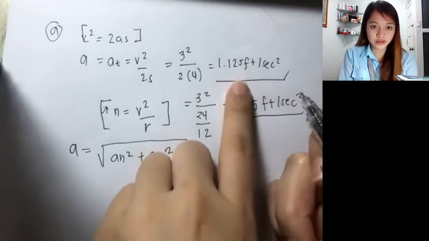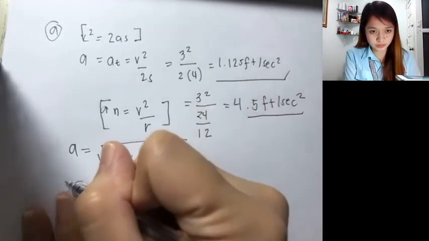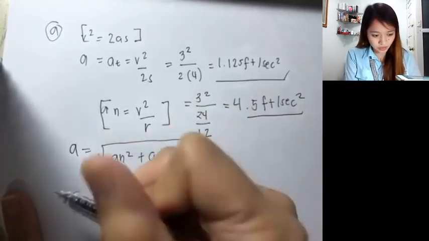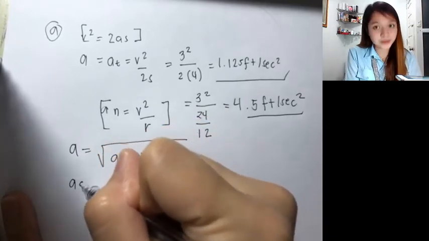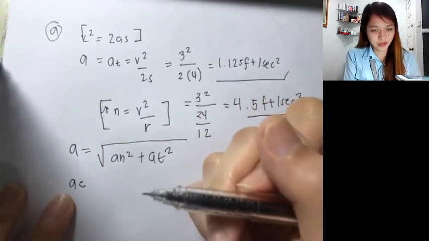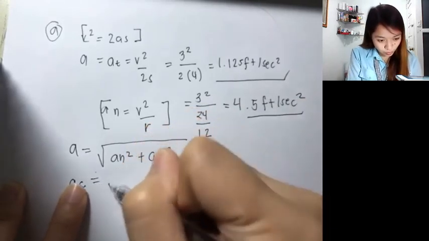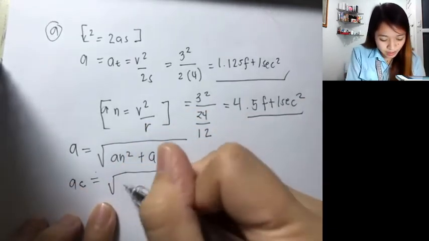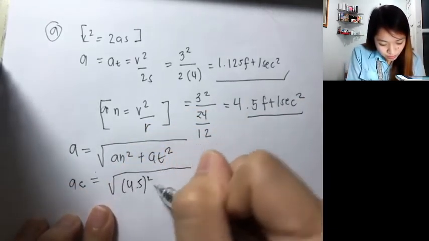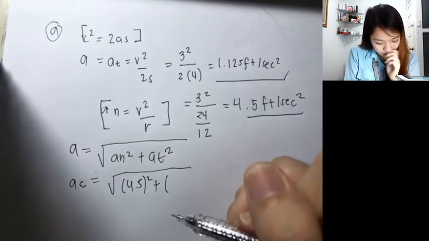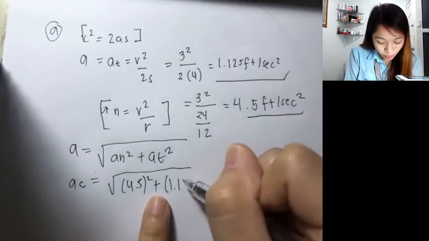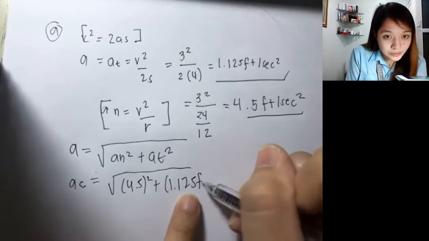The acceleration at point C is the square root of 4.5 squared plus 1.125 squared.